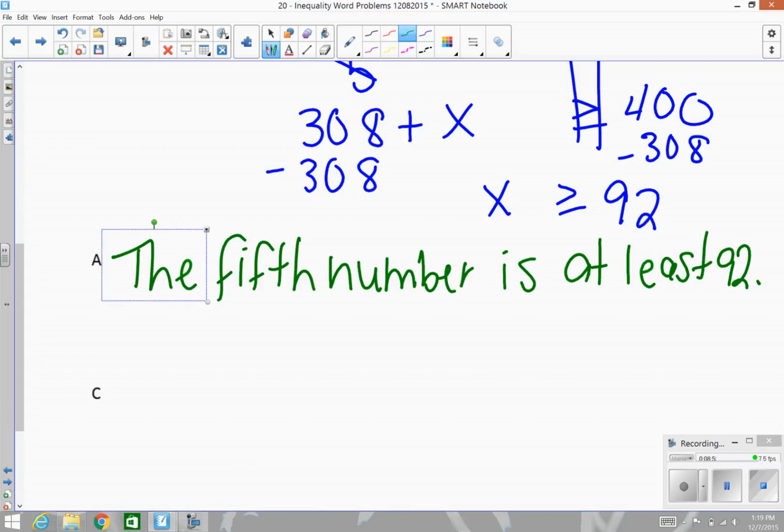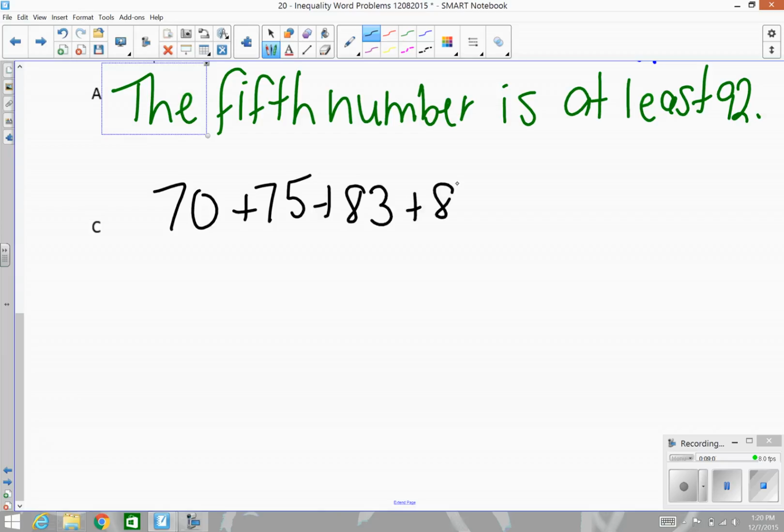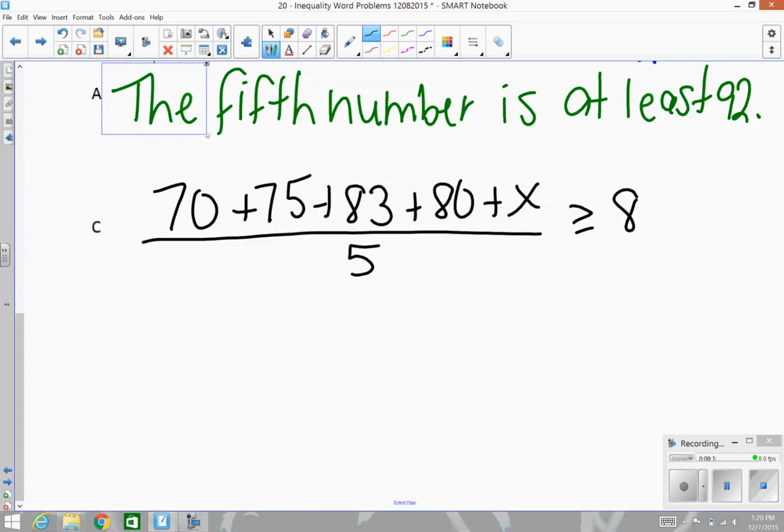And then lastly, we want to check. So go back to the original: 70 plus 75 plus 83 plus 80 plus x, all divided by 5, is greater than or equal to 80. Now that we know what x has to be equal to or greater than, you can either substitute in 92 or anything that's greater than 92.